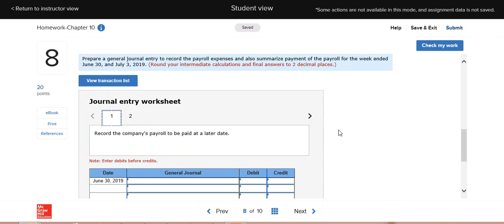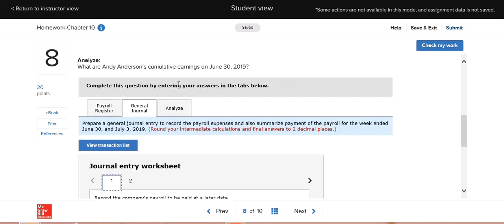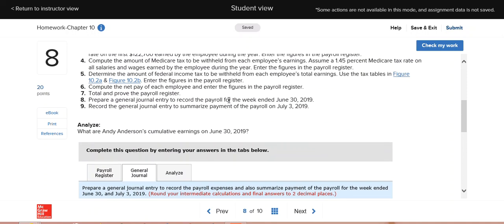Well, that's a little confusing. I think they want us to summarize the payroll on June the 30th, and then on July the 3rd is actually when they're paying their tax. That's very unclear. Oh, yeah, here it is up here.